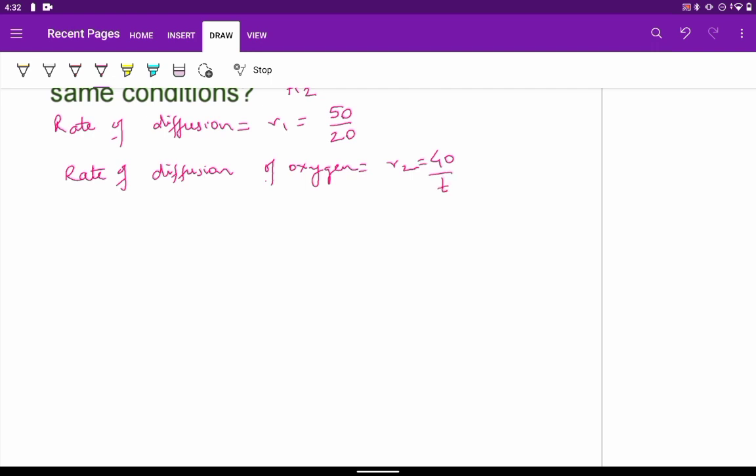Now there is a relation between the rate and the mass of the molecule. So we know that for hydrogen the mass is 2. The same thing for oxygen is 32.